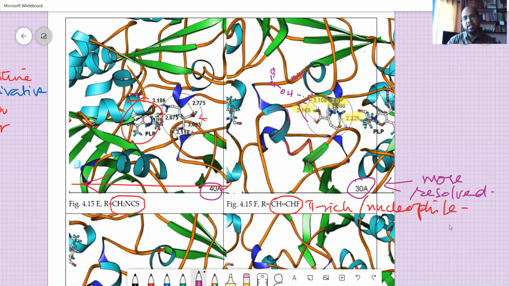This and this are the same amino acids. Okay, and this is another amino acid. So many amino acids are making a very good gap or cavity in which the drug sits.